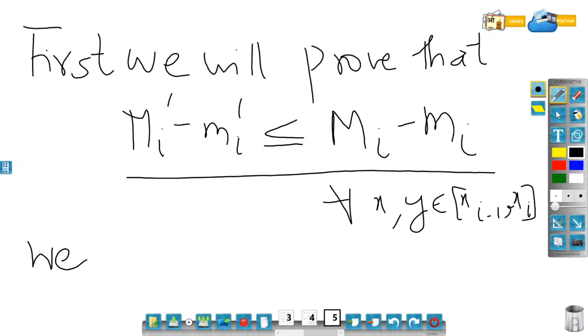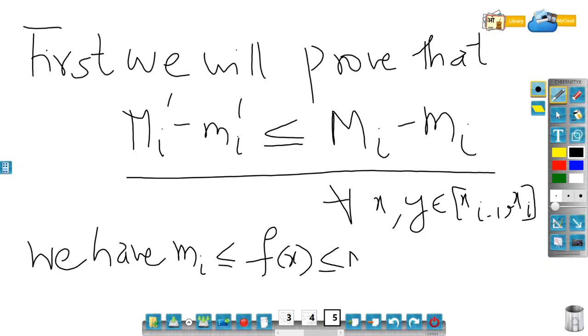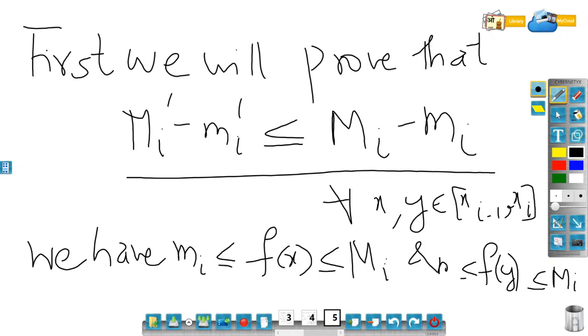So we have f of x lies between small mi and capital Mi, and small f of y is also between small mi and capital Mi.